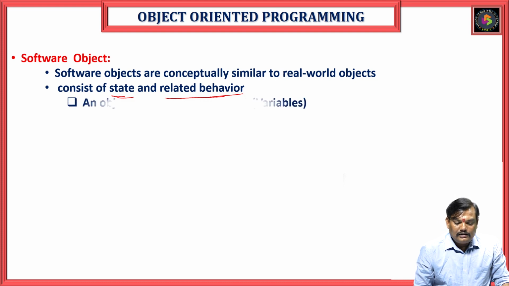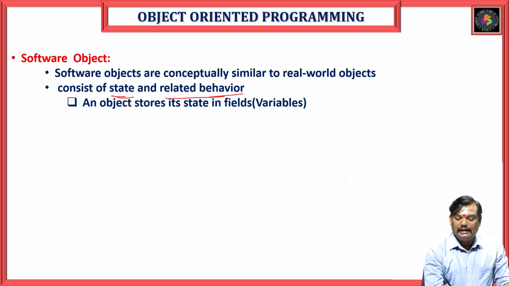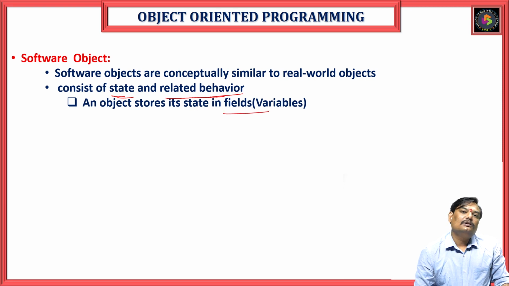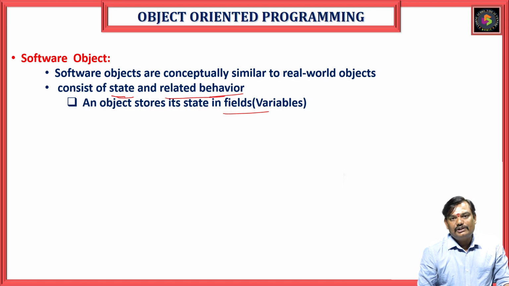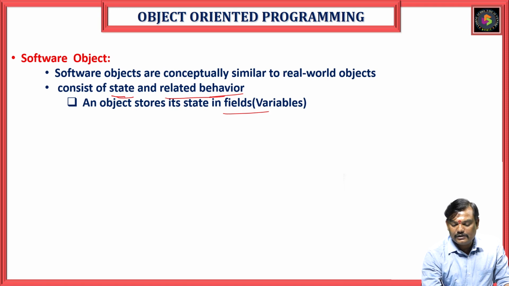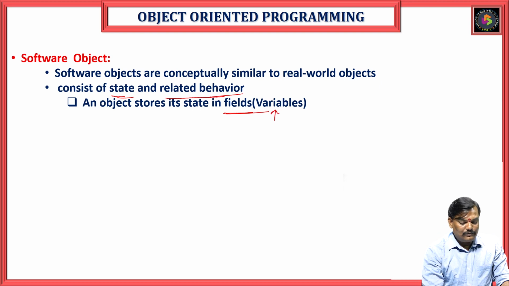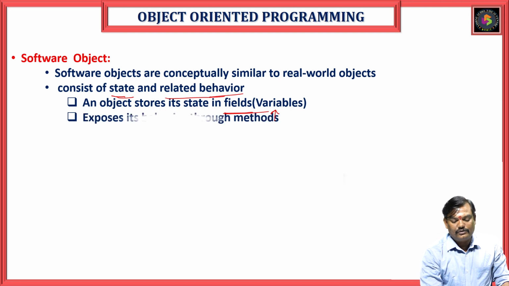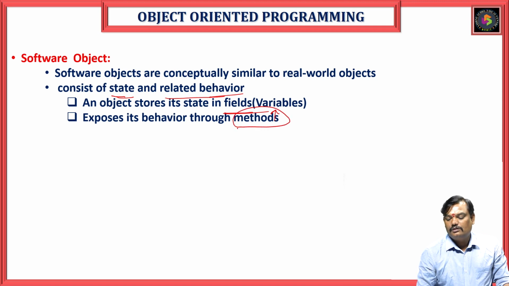For a real-world object, the state is described in the form of fields. When we write a program or model a software object, the state of the object will be described in fields, which we call variables in our program. And the behavior of a software object we will expose through a concept called methods.